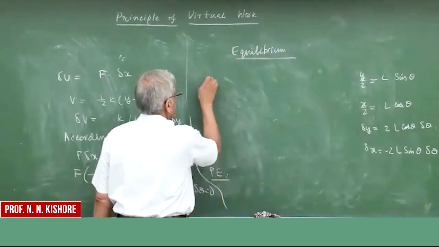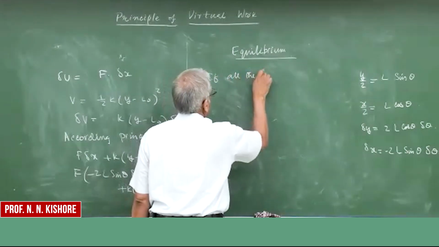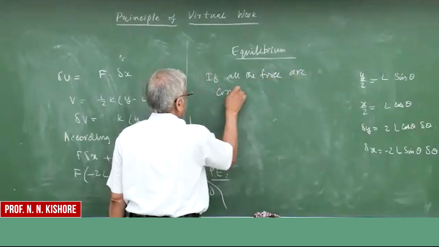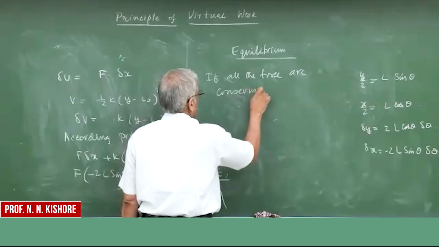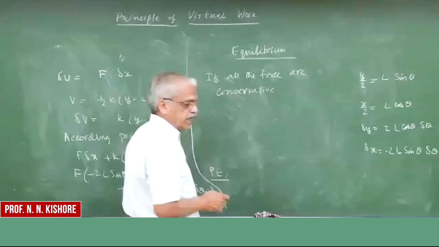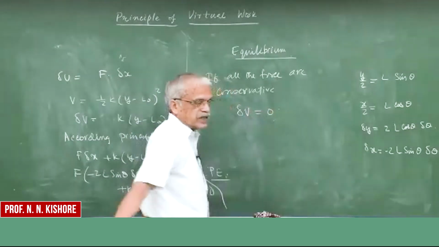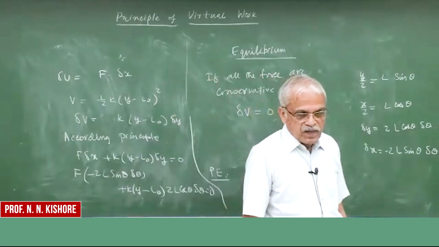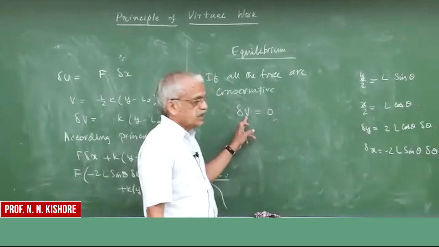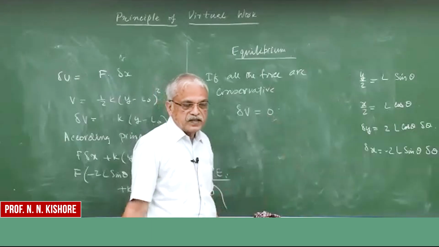Let's say all the forces are only conservative. That means that there are no other types of forces. So what we have is delta V is 0. So that means that at equilibrium, the potential energy change for any displacement is zero.